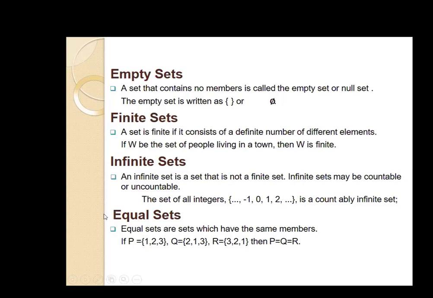Next one is the finite set. What is a finite set? A set is finite if it consists of a definite number of different elements. If W is the set of people living in a town, then W is finite. Means the set has a limited, defined number of elements.